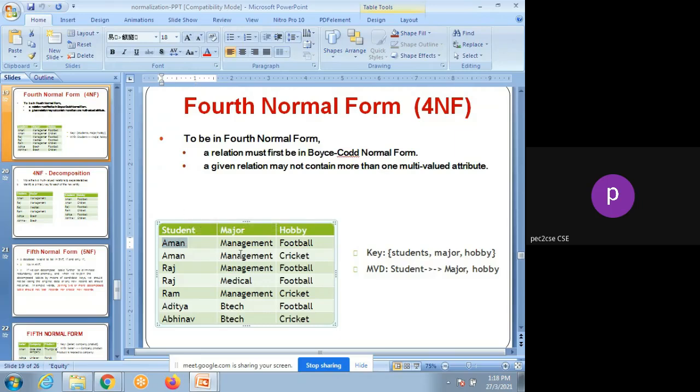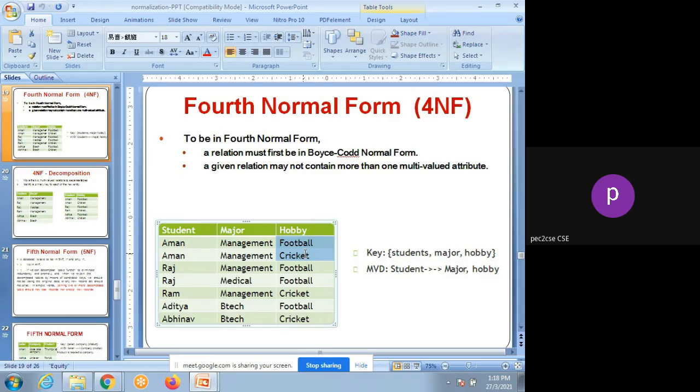That student has two hobbies. One is football, the other one is cricket. Only one student, but that particular person has two hobbies. So that is another multi-valued attribute. So in this example table, two multi-valued attributes are there.